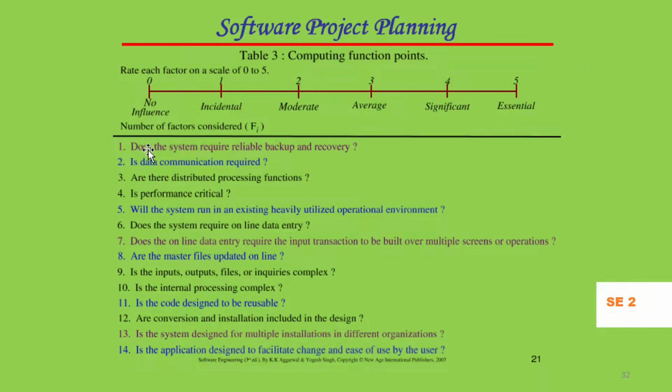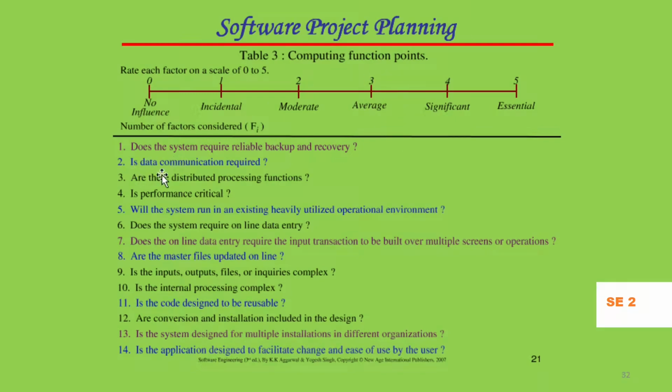For example, does the system require reliable backup and recovery? Is it no influence? Is it essential? Or just average? Kailangan pero pwedeng mag-exist, pwedeng hindi. So yan yung magiging possible na sagot natin between 0 to 5. Let's say number 1, we have 3.